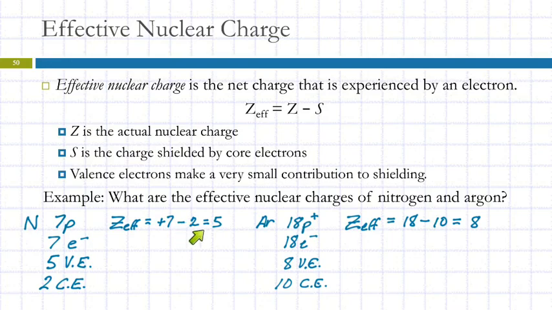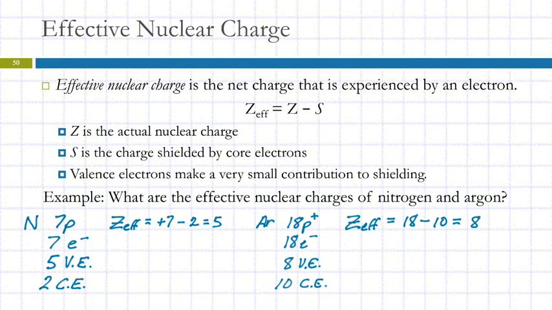Nitrogen's outer electrons have this plus 5 attraction. So which attraction is greater? The one for argon, right? So argon's outer electrons are more attracted to the nucleus. They're going to get pulled in tighter than for nitrogen.